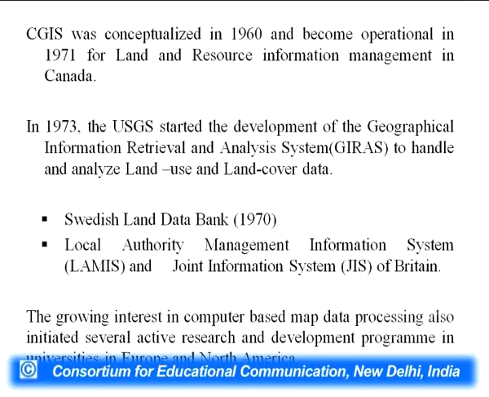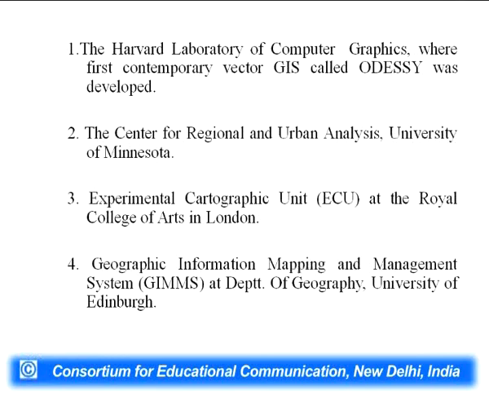The growing interest in computer-based map data processing also initiated several active research and development programs in universities in Europe and North America. The pioneers were the Harvard Laboratory for Computer Graphics, where the first contemporary vector GIS called ODYSSEY was developed, the Center for Regional and Urban Analysis at the University of Minnesota, the Experimental Cartographic Unit at the Royal College of Art in London, and the Geographic Information Mapping and Management System at the Department of Geography, University of Edinburgh.